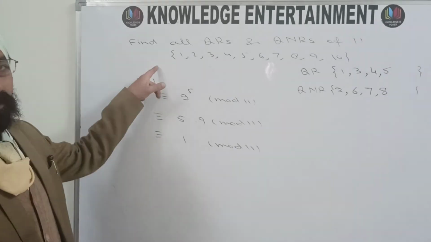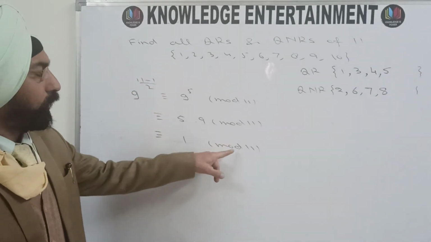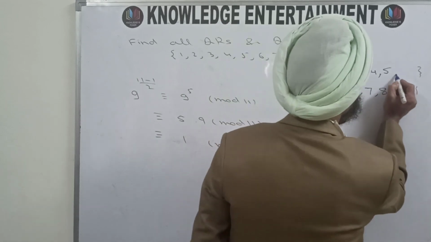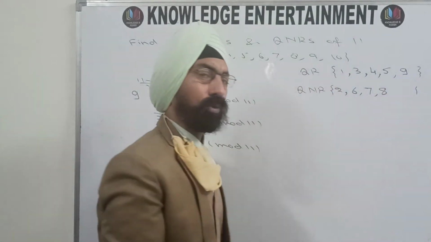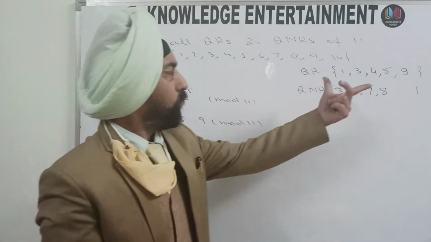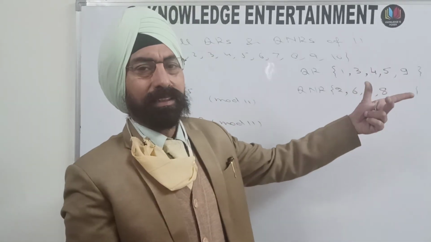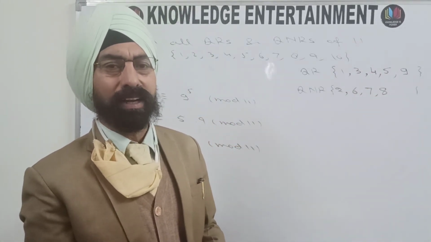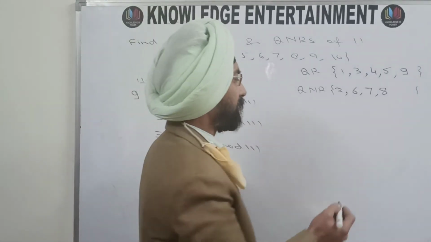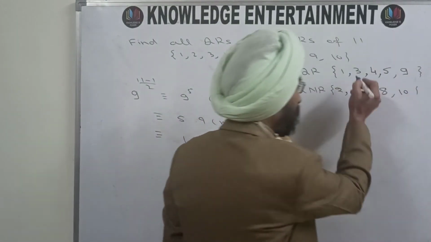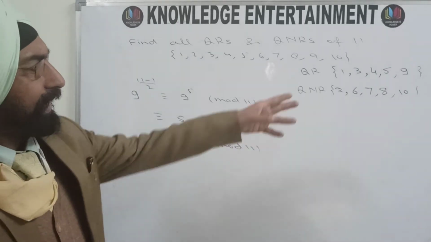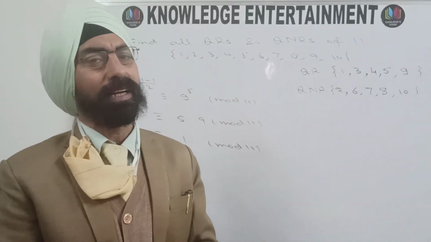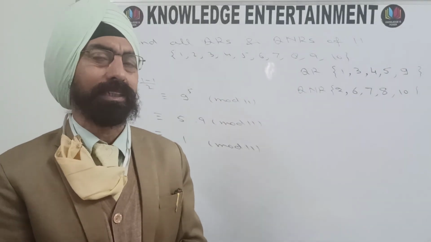So 9 raised to the power (p minus 1) by 2 is congruent to 1 modulo 11, which tells you that 9 is a quadratic residue. And now this set has (11 minus 1) by 2, that means 5 elements. So the last number 10 will be here, and now you can check that there are exactly 5 quadratic residues and exactly 5 quadratic non-residues.